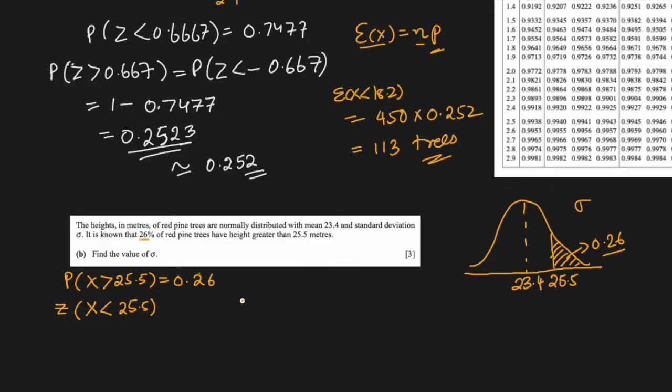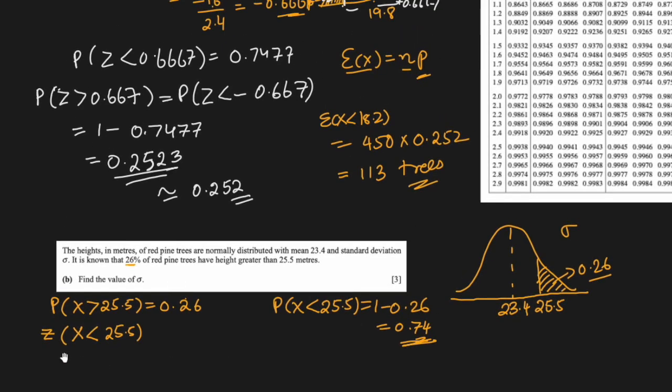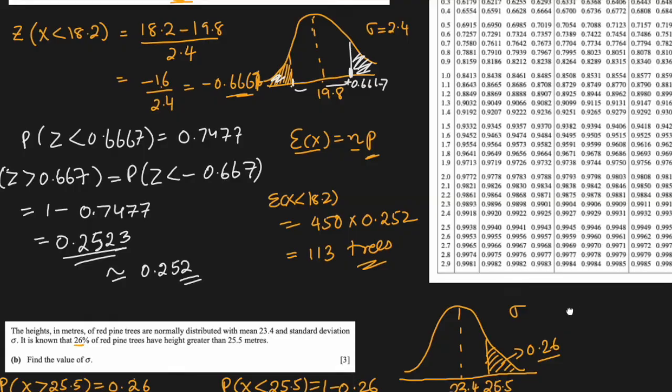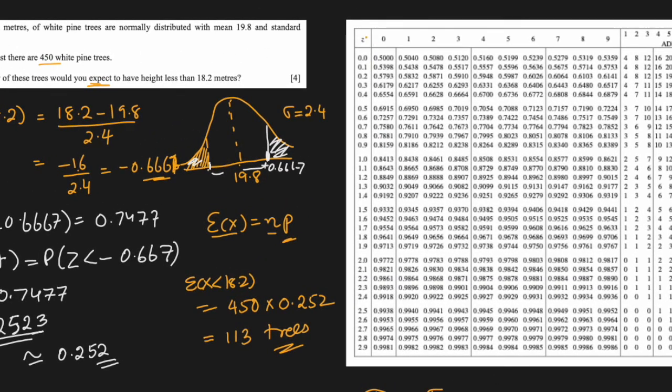Because our table is again for less than, not greater than, the probability of x being less than 25.5, let's convert that first, will be 1 minus 0.26, which is 0.74. So we'll find the z-score corresponding to 0.74 probability. So the probability is given now, not the z-score, but the probability is given, 0.74.